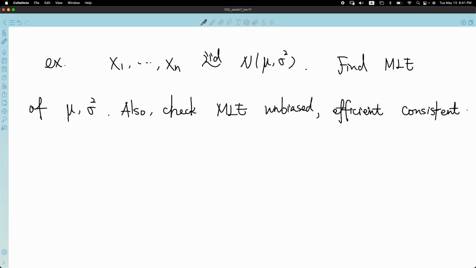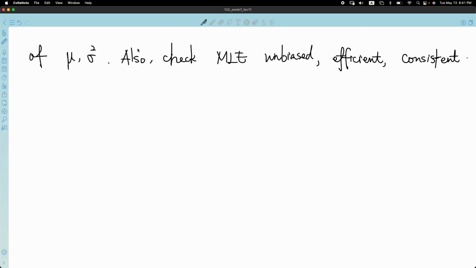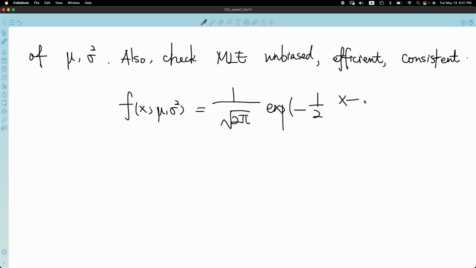Okay, so now let's find the MLE for theta, for mu here. f of x with parameters mu and sigma square equals 1 over square root of 2 pi, exponential negative 1/2 (x minus mu).